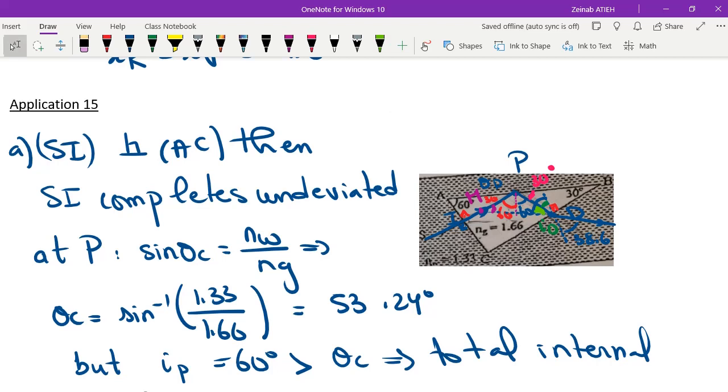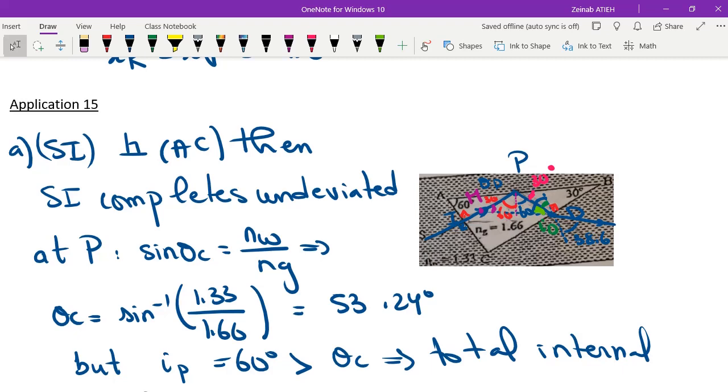So I have the angle PDM, which is 38.6 minus 30, meaning 8.6. And I have the angle MPD, which is 120. The sum of the angles must be 180, so theta d is equal to 180 minus the sum.